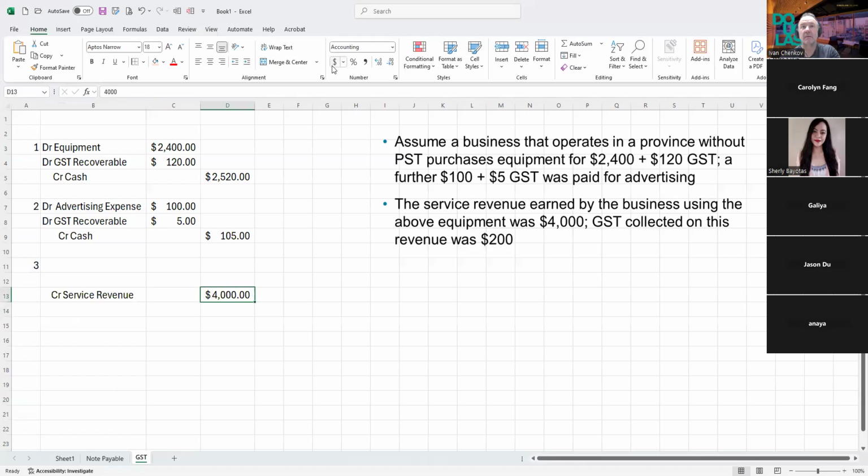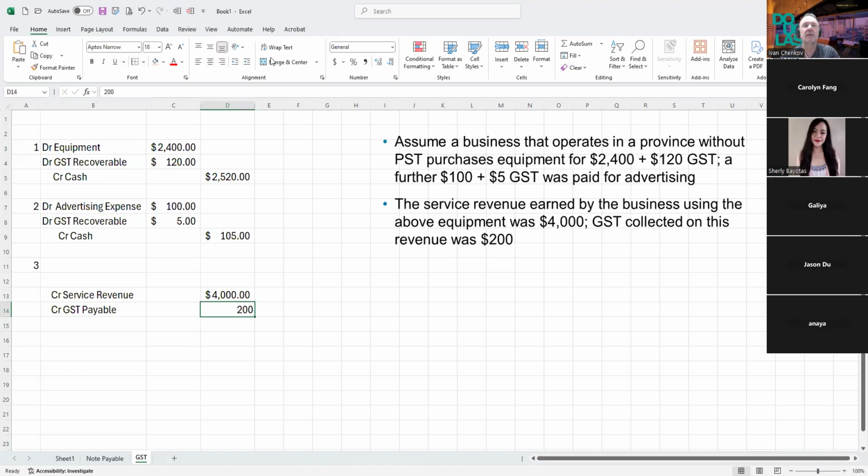But then we charge the client for the GST as well. And now we're going to have another credit here, credit GST, in that case payable, because whatever we collect from the clients on behalf of the government, we have to give back to the government. And that will be $200.